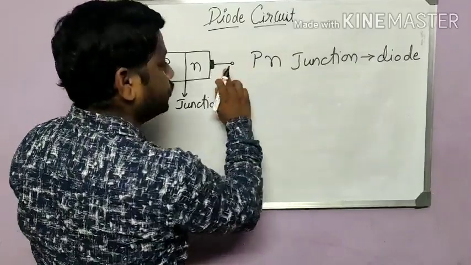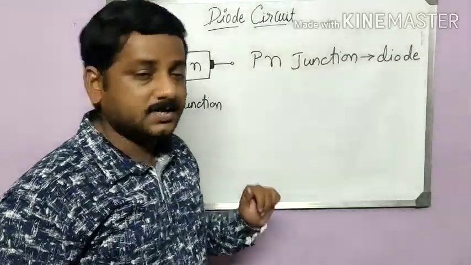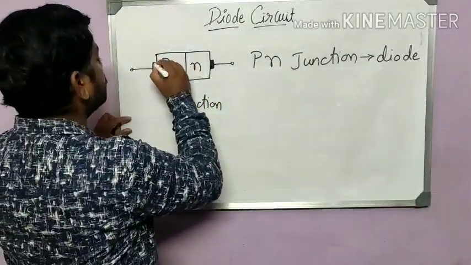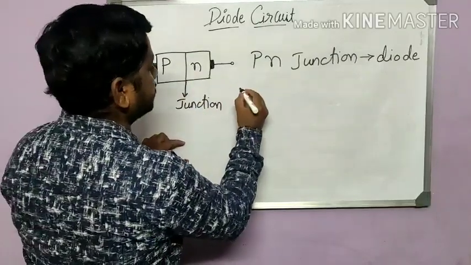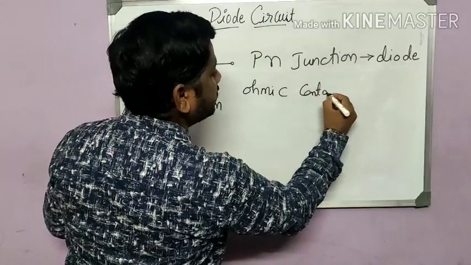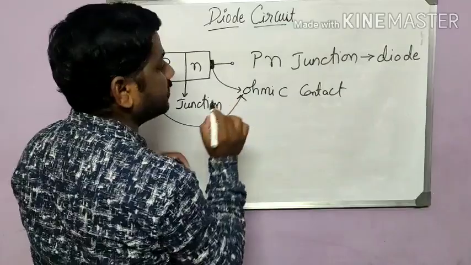So we will have 2 electrodes. One is connected for P and another for N type material, and these 2 are named ohmic contacts. You can understand it like this: an ohmic contact is going to have very little resistance.